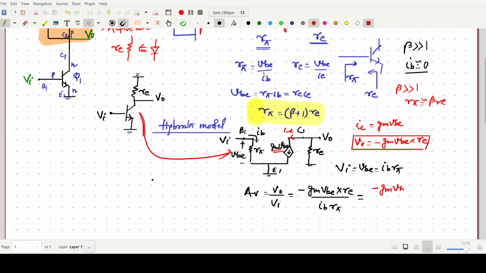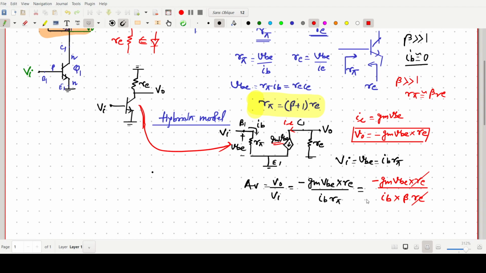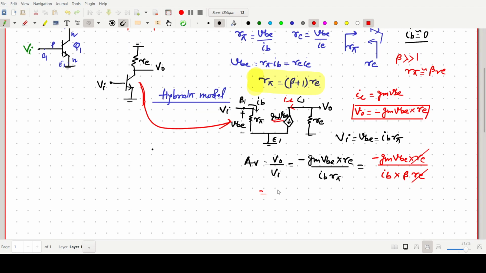So now we can write VBE into RE, and IB and r pi is beta times RE. So this RE and this RE will be cancelled out. Now we can write minus gm VBE by beta IB.